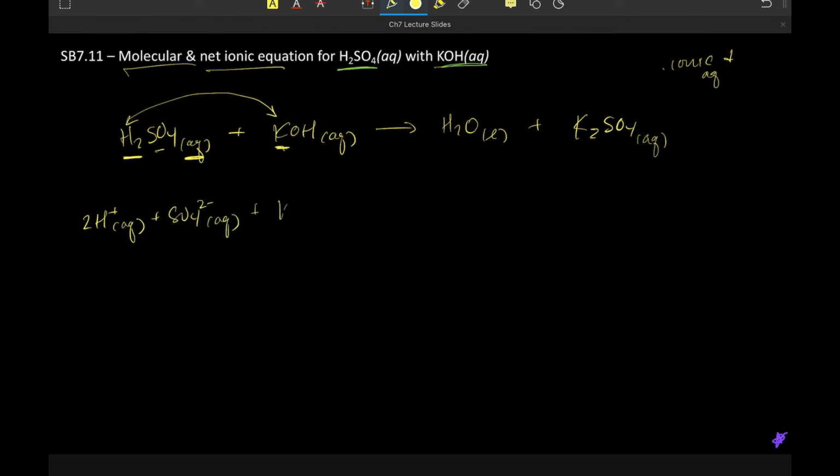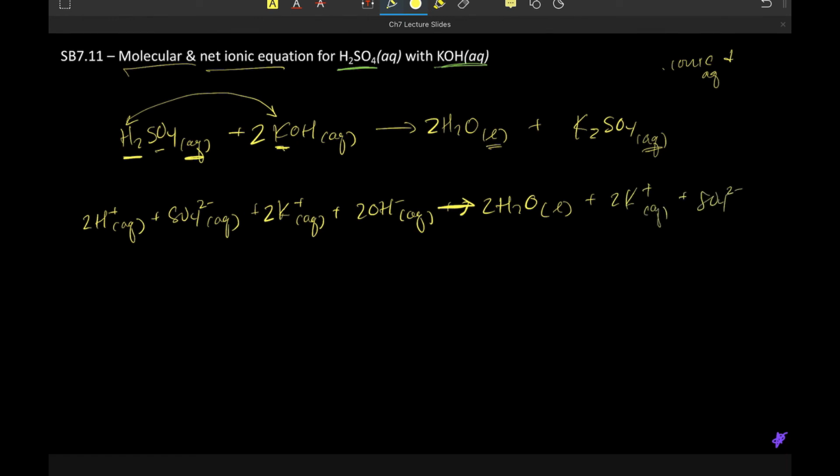We also have potassium aqueous. Oh, we didn't balance this, did we? Let's balance. That should be balanced. We have 2 of those and 2 of these. This one, water, is not ionic, nor is it aqueous, so we're going to write that down the way it's shown. And this one is ionic and aqueous, so 2K plus aqueous plus sulfate aqueous.